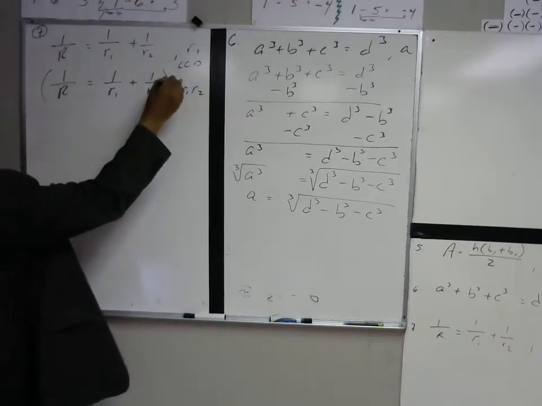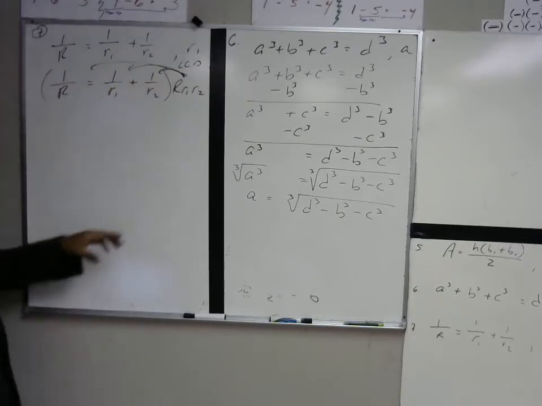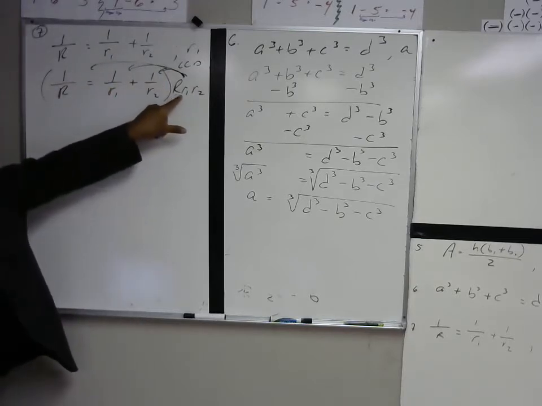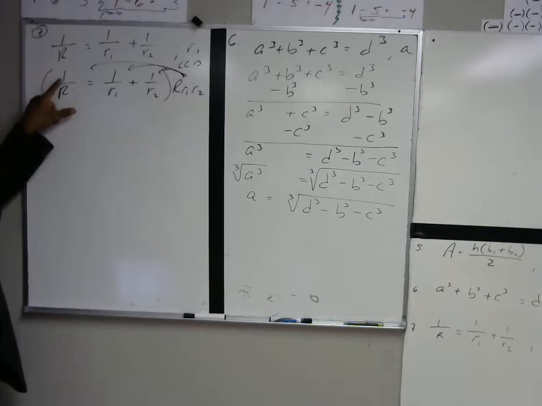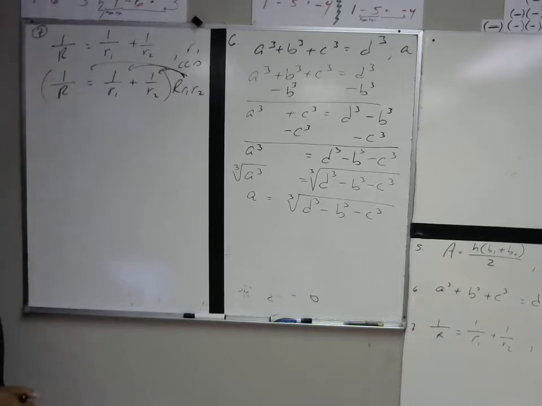We're going to multiply the least common denominator times all these terms. So R1 R2 divided by R is R1 R2, times 1 is R1 R2.